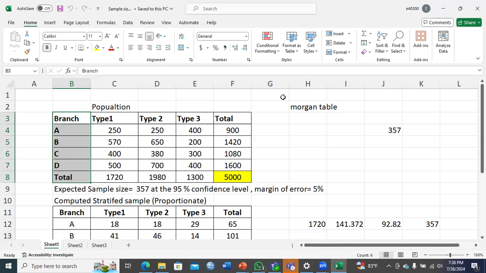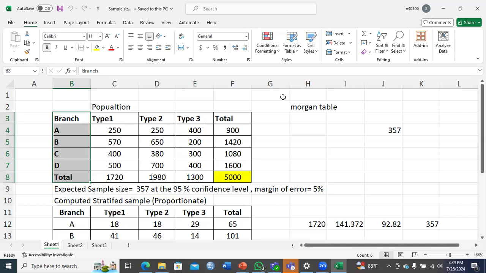For example, if my population size is 5,000 and it is distributed like this: Type A, type 1, the total count is 1,720. Then branch A, the total employees are 900. Branch B, 1,600. Finally, we have 5,000 people in total.